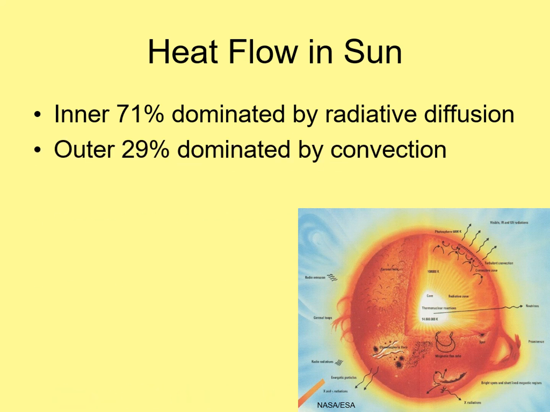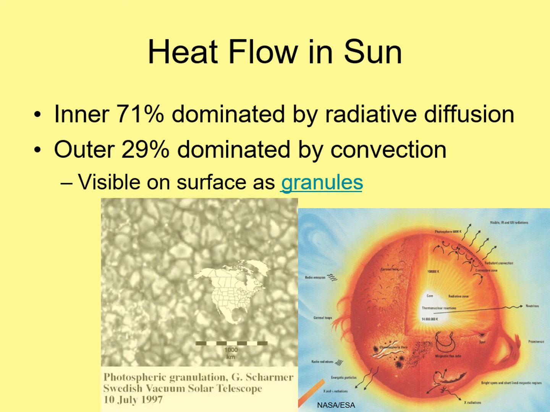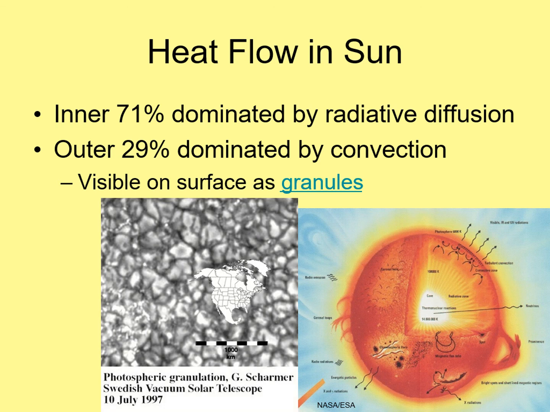In the outer layers of the Sun, the temperatures are low enough that radiative diffusion is no longer important. Instead, convection takes over as the dominant way heat flows. We can see the effects of this right on the Sun's surface. When you look at the Sun up close, you see a series of bright spots with darker rims around them.